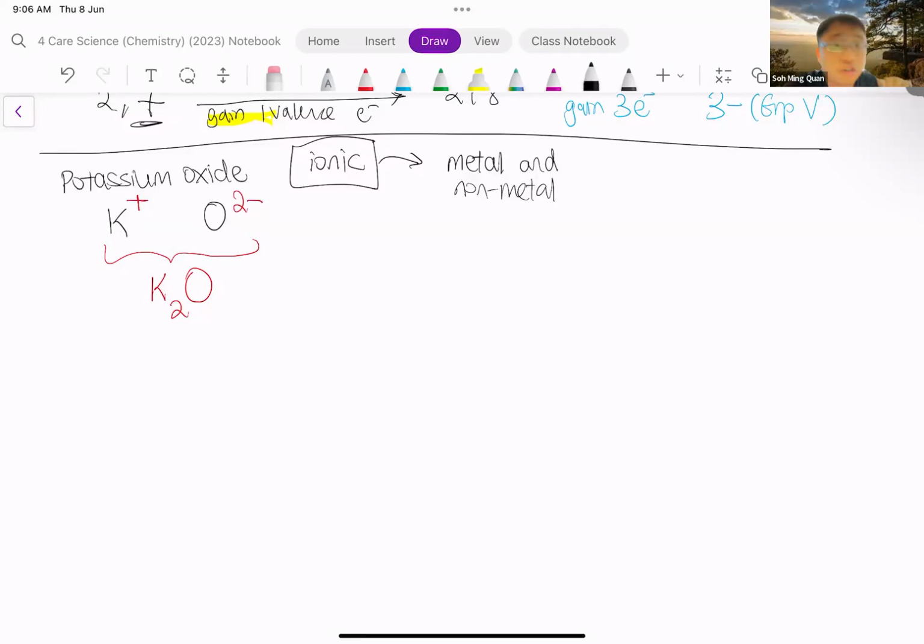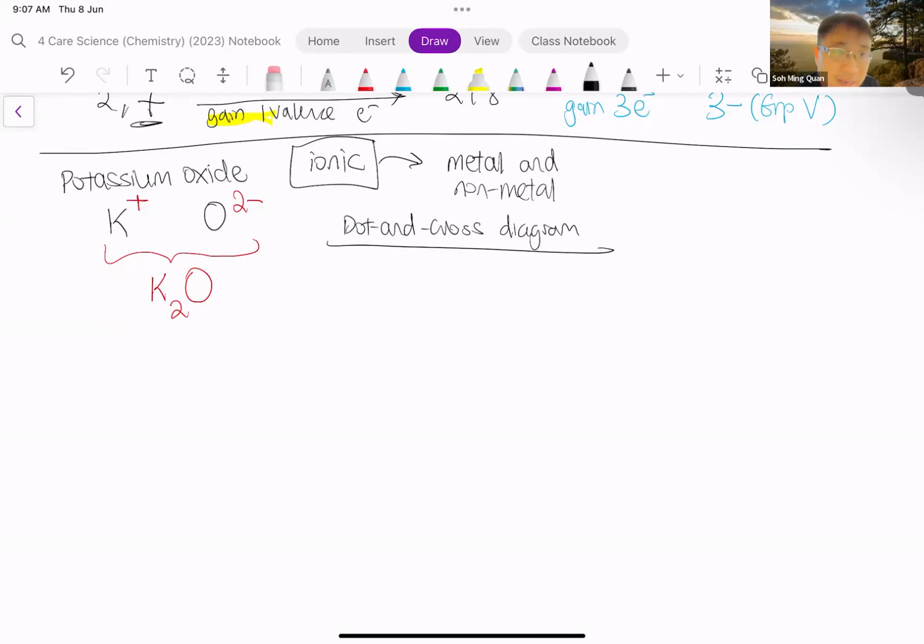So now, how do we draw the dot and cross diagram? We can represent the bonding in an ionic compound using a dot and cross diagram. After you have worked out the formula, you will know, I need to draw 2 K+ and 1 O2-. To draw the dot and cross diagram correctly, you must decide what goes into the center.